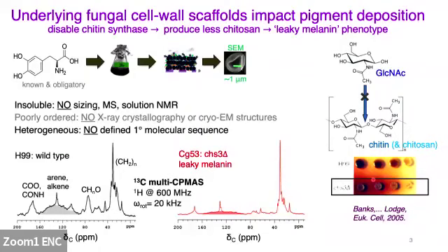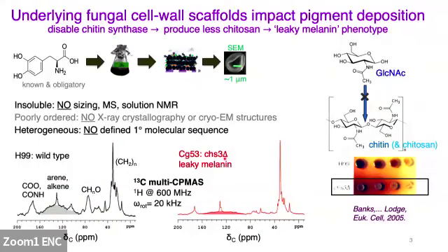Spectroscopically, even at natural abundance carbon, what you can see is that in this kind of wild type cell, I can identify all of the major carbon types. These are polysaccharides, these are lipids, we'll talk about them more. And this lump underneath here is the melanin. Clearly there is less of it in a leaky melanin sample because it's no longer in the solid state, it's off into the cell medium.